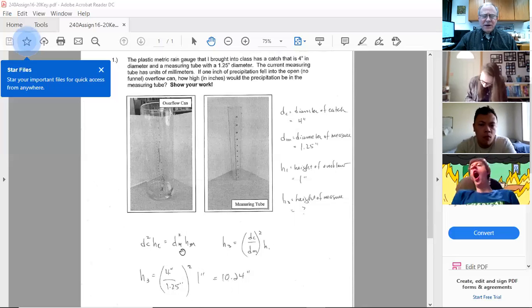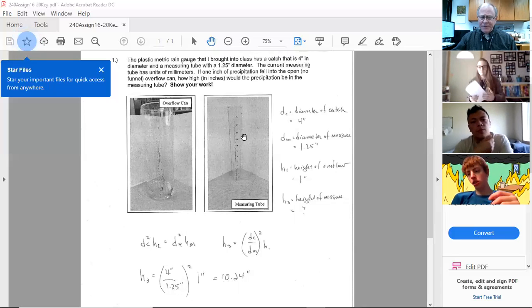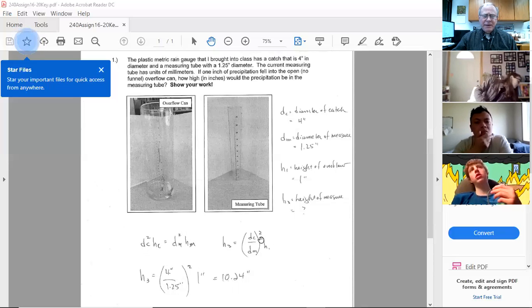So what do we want to solve for? We want to know the height of the measuring tube, how much water will be in the measuring tube, right? So let's solve for that. Bring this stuff to the other side. We have a square, so we can group through the associative principle of algebra.